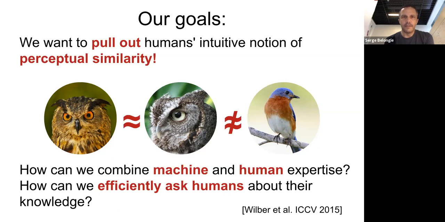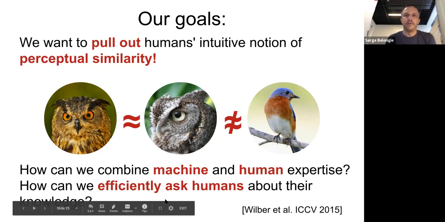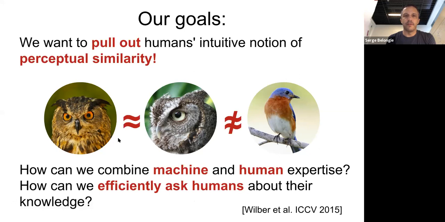So in this case, what we're focusing on is capturing a notion of perceptual similarity. For example, saying, well, I don't know what the name of this species is, or this one, but they look pretty similar, and they look more similar than either of them to this bird over here. So we'd like to capture that notion in some way.